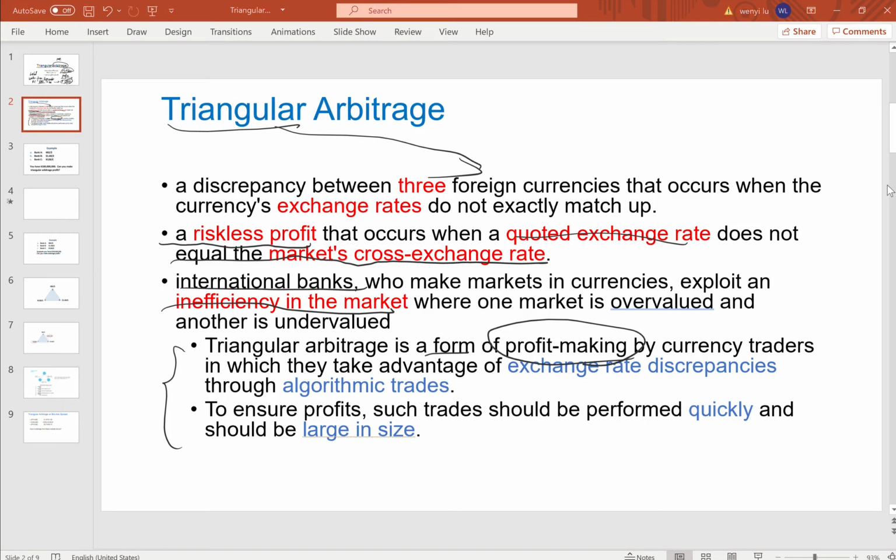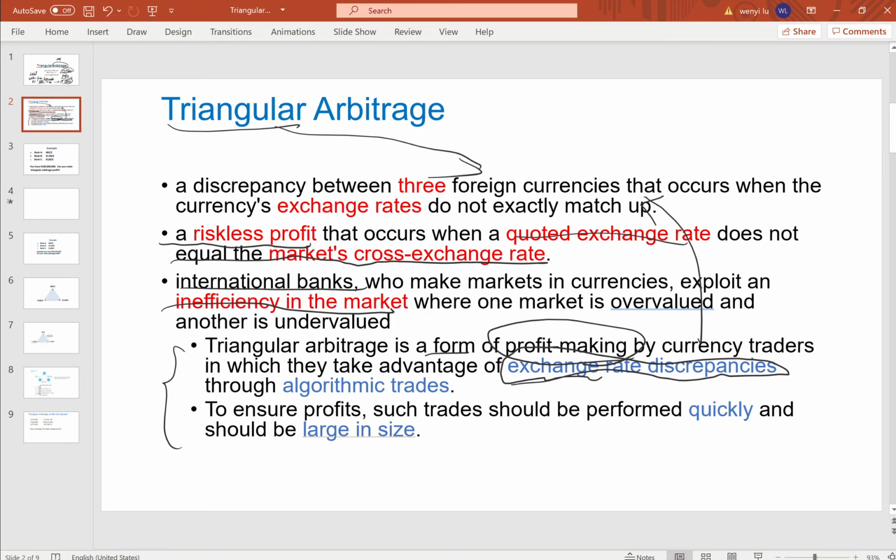The bank will trade currencies using the advantage of exchange rate discrepancies. So exchange rates do not exactly match up. There are some discrepancies between the pair of exchange rates.